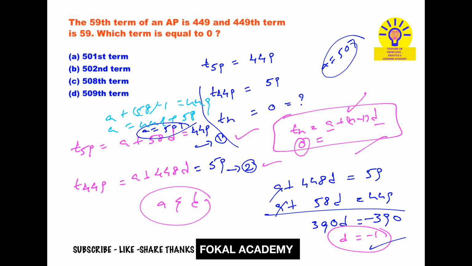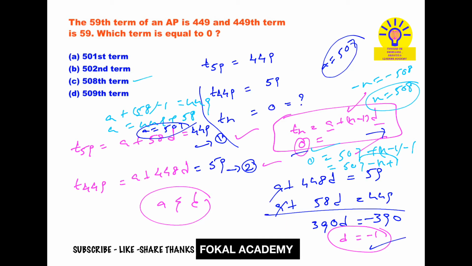Now substitute in this equation, then we get which term is equal to 0. So 0 equal to 507 plus n minus 1 into D, where D is equal to minus 1. So by simplifying it, 507 minus n plus 1. So this is 508. So minus n is equal to minus 508. So n becomes 508. So the 508th term will be 0. So from the options, option C is the correct option.